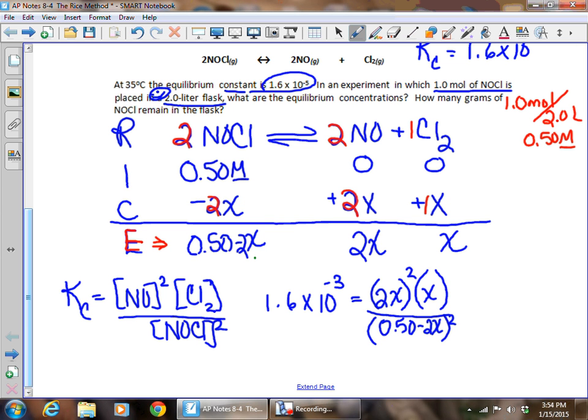Now, AP's rule is that it's always going to be less than 5% of the original value, because they're not going to make us use the quadratic equation on the test, which is what you'd have to use if we couldn't neglect x. So fortunately, we're always going to be able to neglect x on our problems. If we have time, we'll do some problems where we have to use the quadratic equation, but that'll be after we're ready for the AP test, because we don't need it for the AP test.